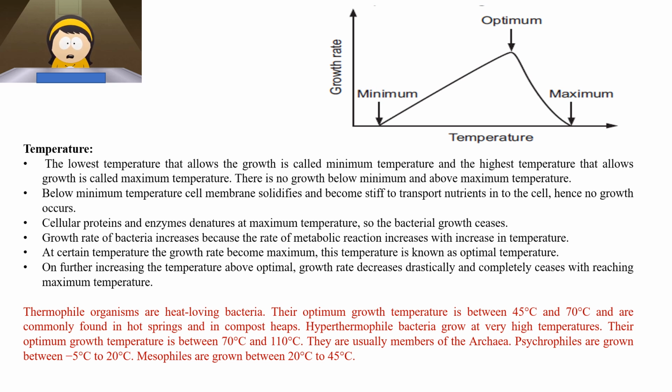Their optimum growth temperature is between 70 degrees Celsius and 110 degrees Celsius. They are usually members of the archaea. Psychrophiles grow between -5 degrees Celsius and 20 degrees Celsius. Mesophiles grow between 20 degrees Celsius and 45 degrees Celsius.